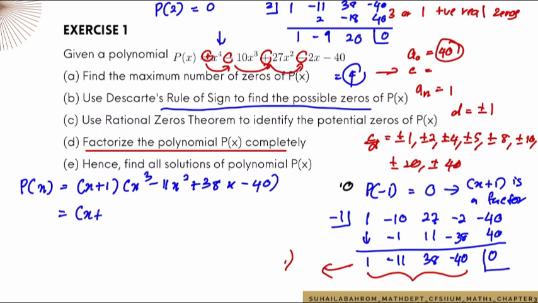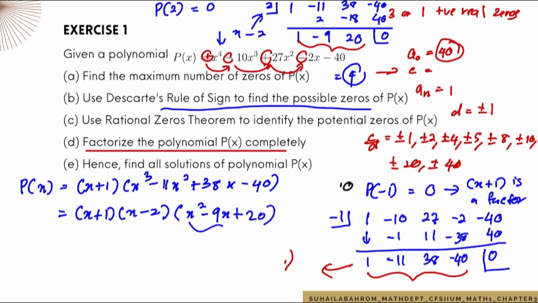Just now you used the divisor of x minus 2. So we will put x minus 2 here, and you have to put the coefficients of the quotient here. When you put the quotient here, you will get x squared in terms of quadratic, minus 9x plus 20. So once you get a quadratic, you can just factorize.